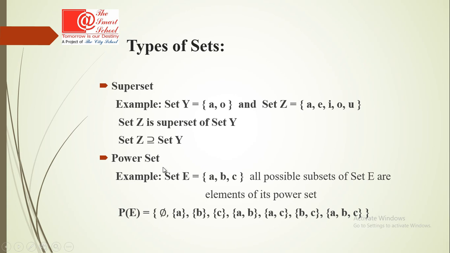Now power set. Power set is a set which has all the subsets in it. For example, set E has members A, B and C, and all possible subsets of set E are elements of its power set.